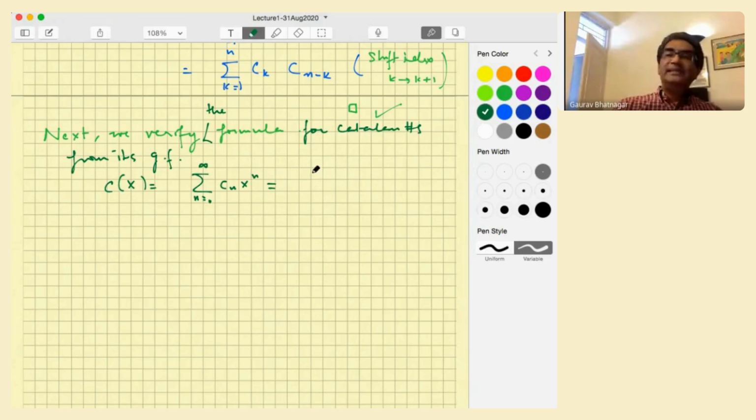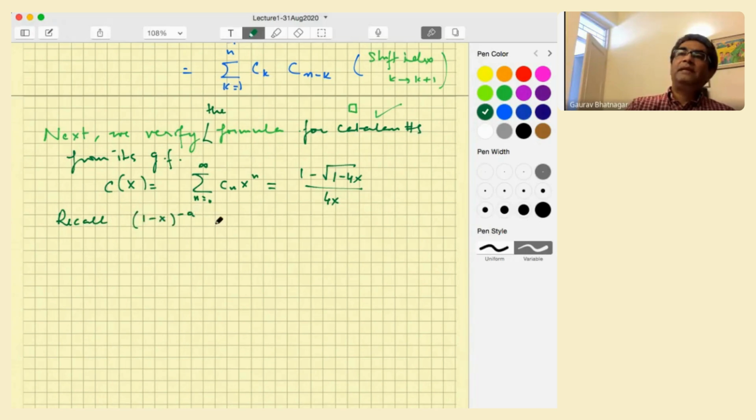Okay, so this is what we calculated last time. And I want to derive the formula for Catalan numbers from this expression. So we recall that (1 minus x) raised to minus a was the summation k going from 0 to infinity of (a)_k over k factorial x to the k.